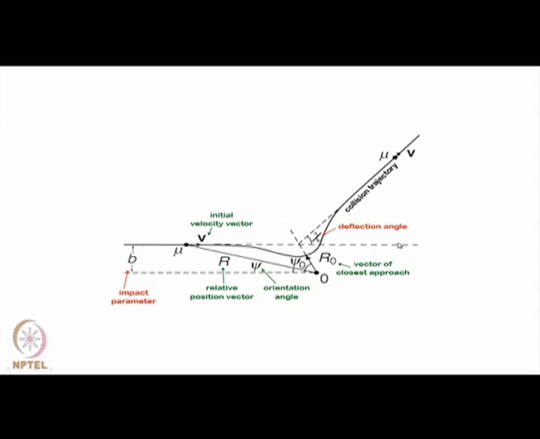As a result, there is a change in path with respect to your dotted line. In this case, we can imagine the trajectory as that of a projectile of mass mu, seen by an observer located at B. So, this is a representation of the collision trajectory.